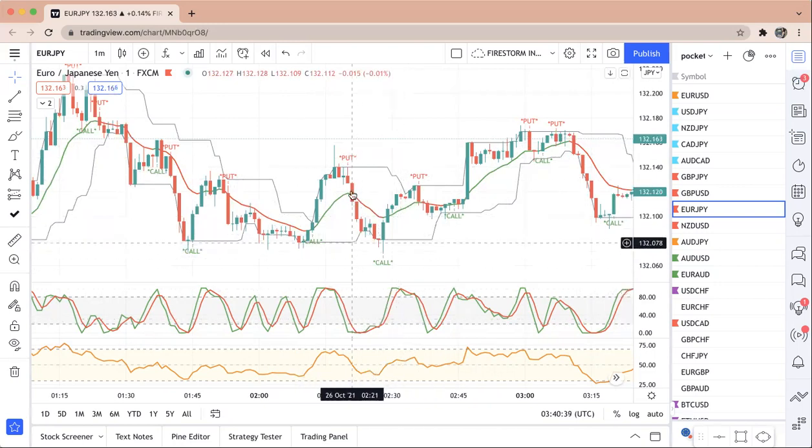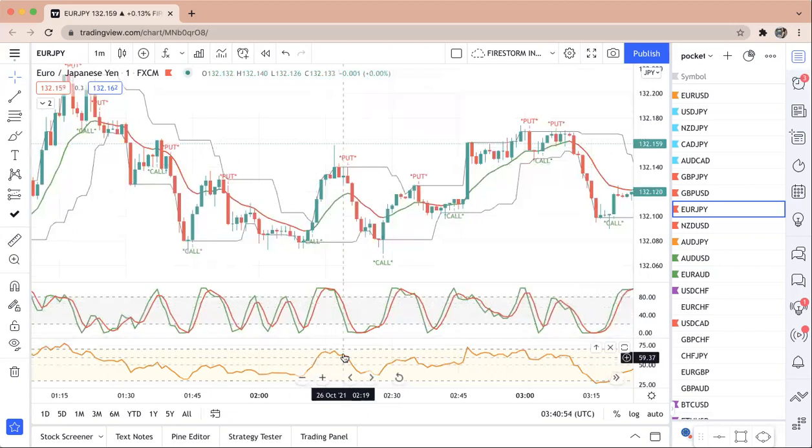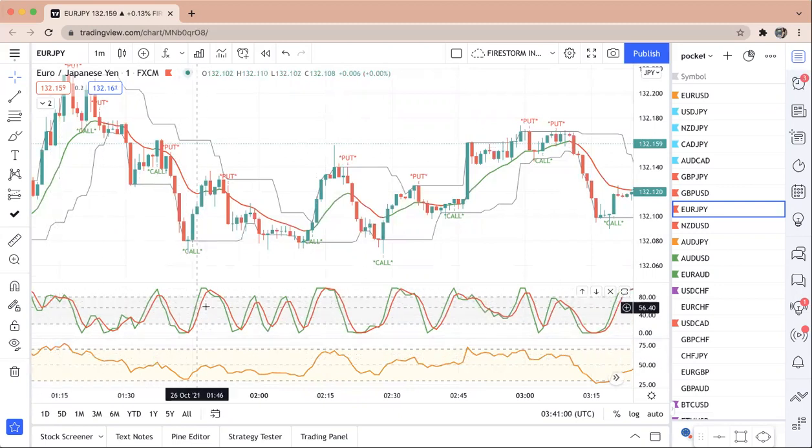Not only that, but this is another big deal. You want your stochastic and your RSI to be going along with it, because not only will this put signal be a confirmation, but so will this stochastic and this RSI or CCI. This is actually a CCI. This one's a stochastic RSI.